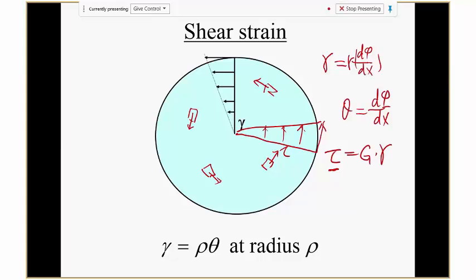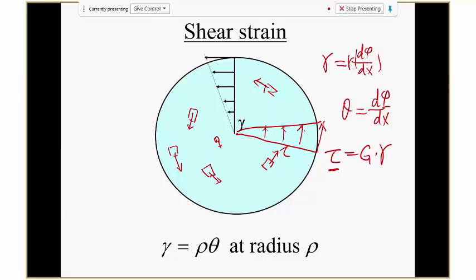Now, how can I find the resultant? Everywhere in this area you have shear. This is a little bit bigger, here is a tiny shear stress. When you add all of them together, what would you expect? You get a resultant force and a resultant moment, right?